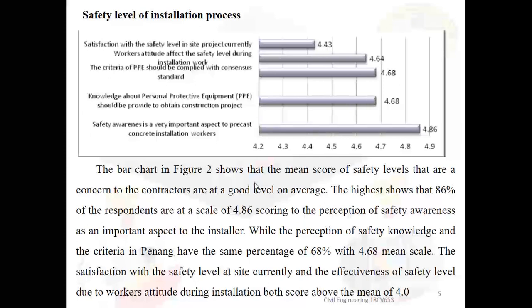The bar chart in Figure 2 shows that the mean score of the safety levels as concerns the contractors is at a good level on average.